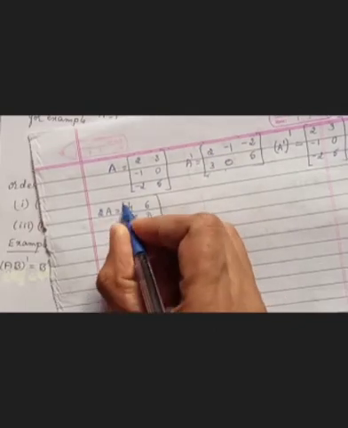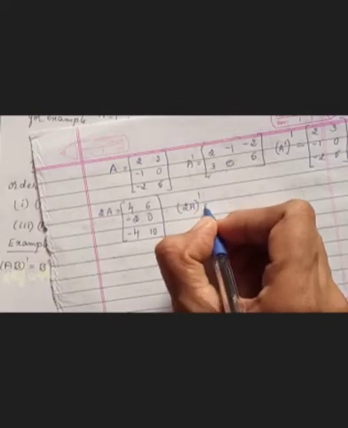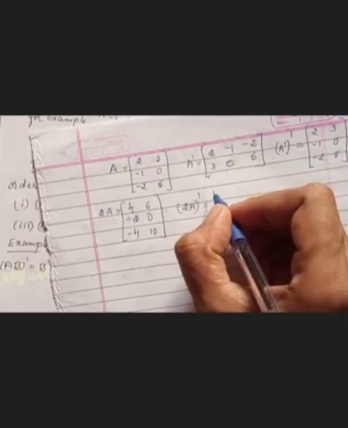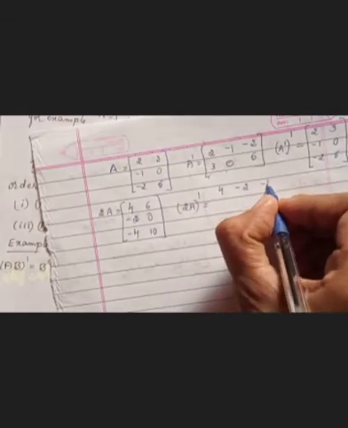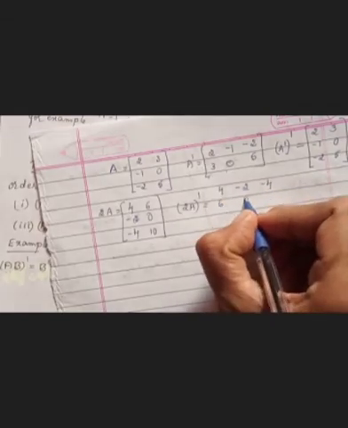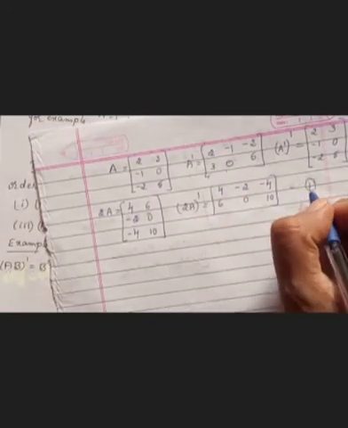Now take the transpose, interchanging the rows and columns: 4, minus 2, minus 4, 6, 0, 10. I'll call this 1.